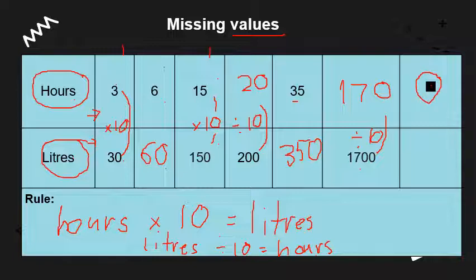When I'm writing it down here, well, I know the rule is hours multiplied by 10 gives me liters. So all I have to do is put the symbol or the letter or whatever it is and apply the rule. And there you go. That's what the value is. It's the square, whatever number that's going to be, because we don't know the number yet, multiplied by 10. It's that simple.